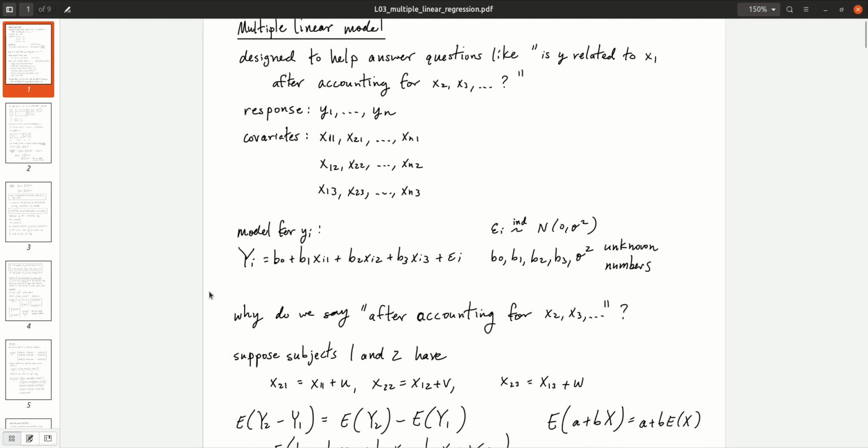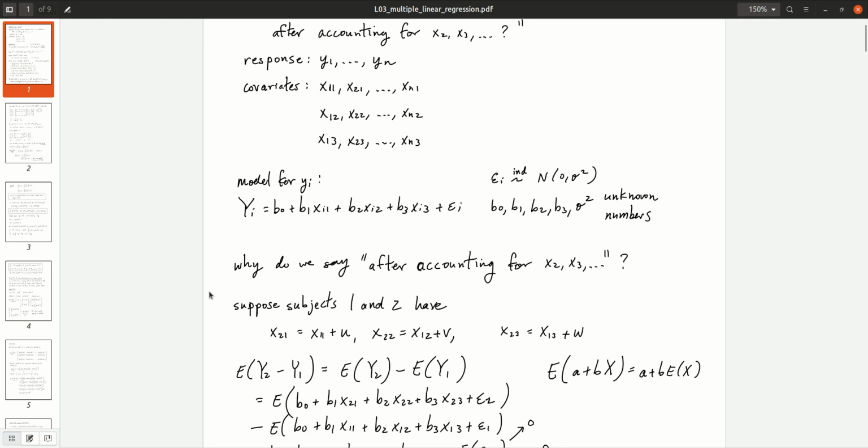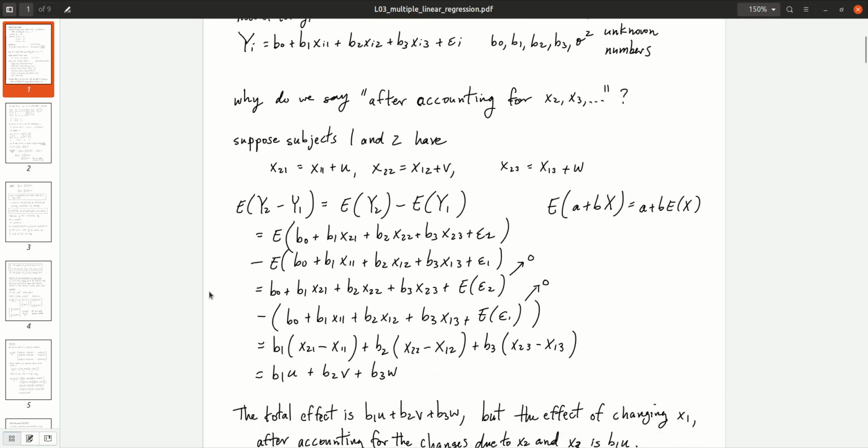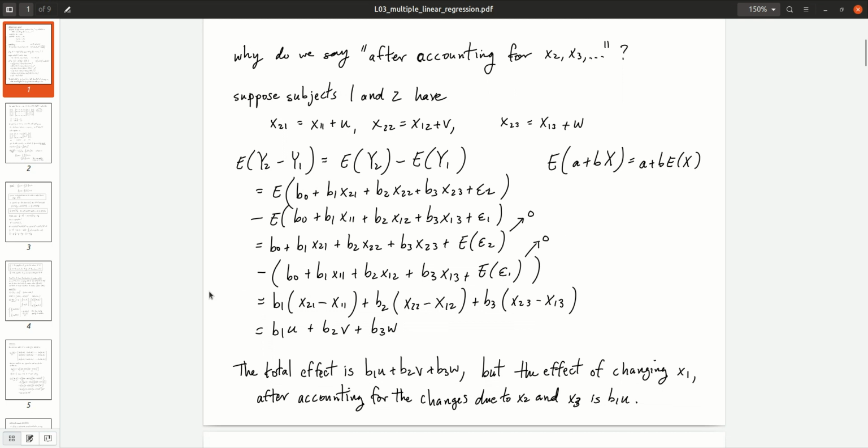All right, so the first question you might have is, why do we keep saying that the multiple linear model is designed to help us answer questions such as the effect of x1 after accounting for x2, x3, and so on? So we're just going to do a little example to explain why that's the right interpretation. Let's look at the first 2 subjects, subjects 1 and 2, and we're going to tell you what the values of the covariates are.